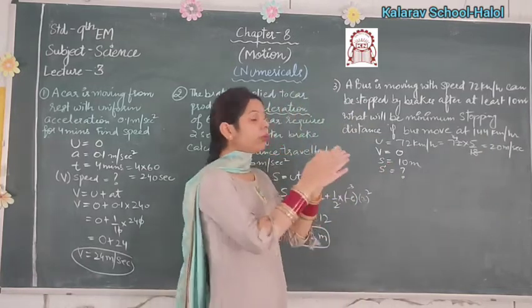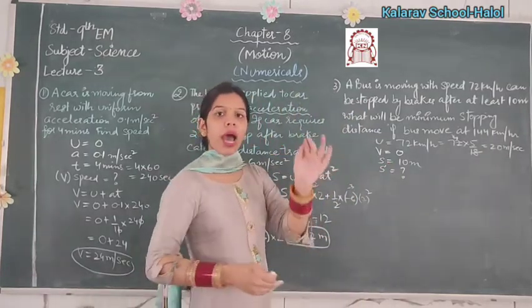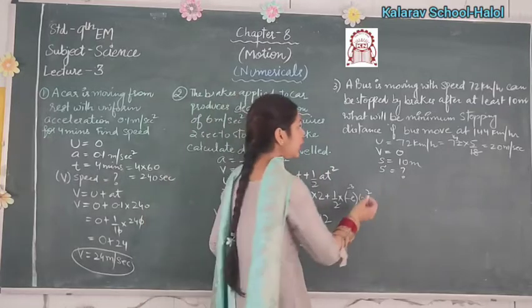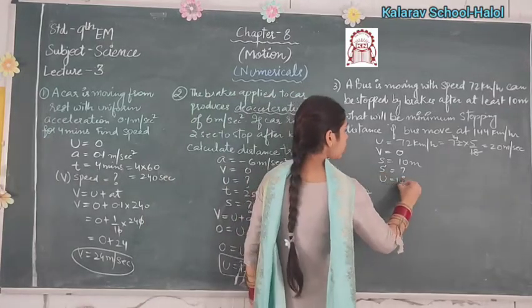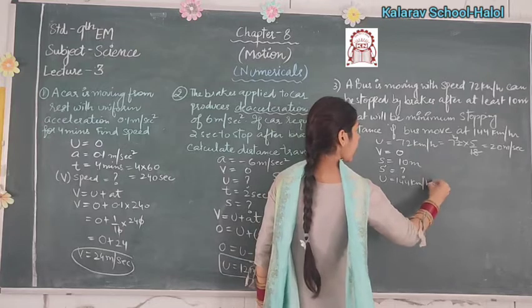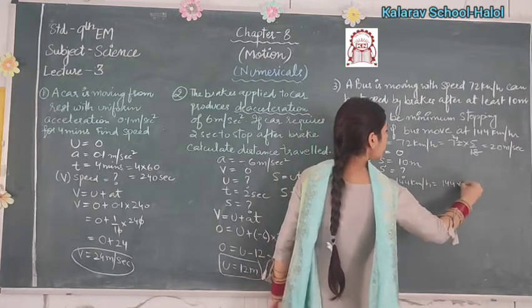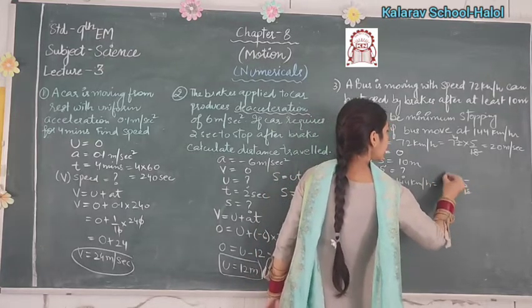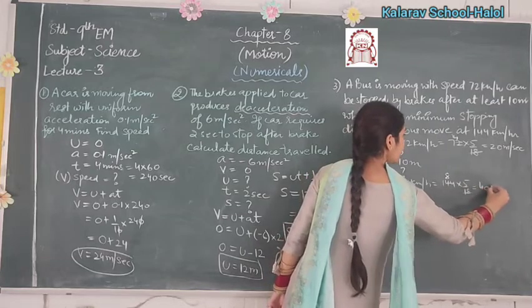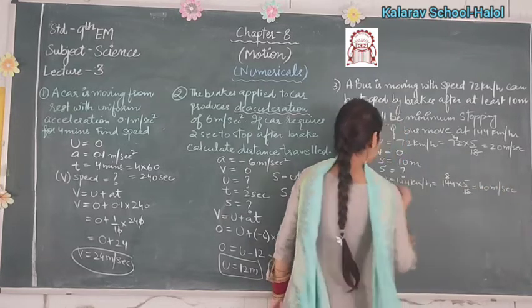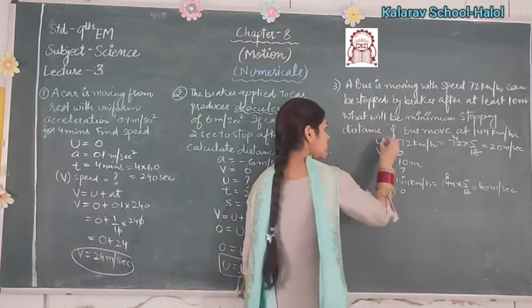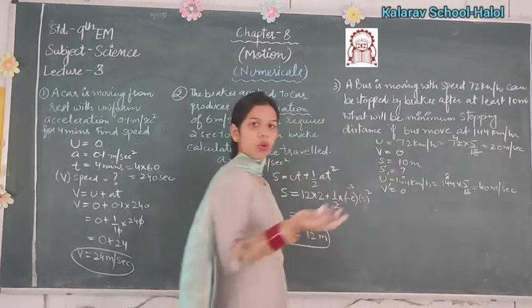So what will be the minimum stopping distance? So bus has initial velocity u, that is 144 kilometer per hour. So 144 into 5 by 18, 40 meter per second, and the final velocity is 0.